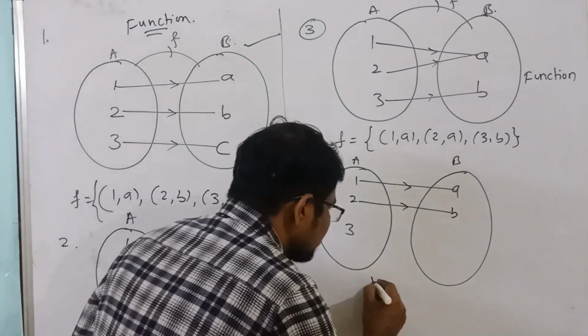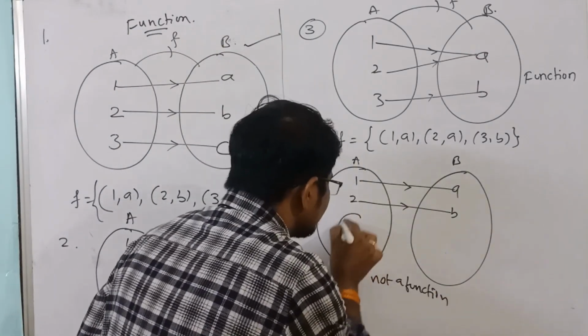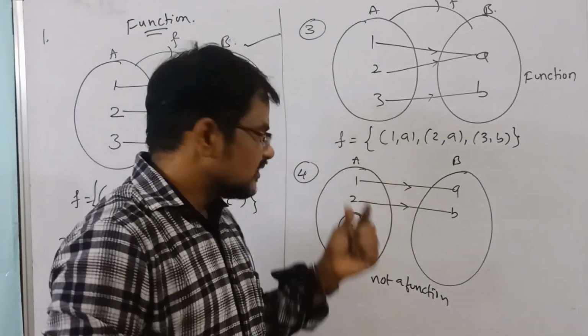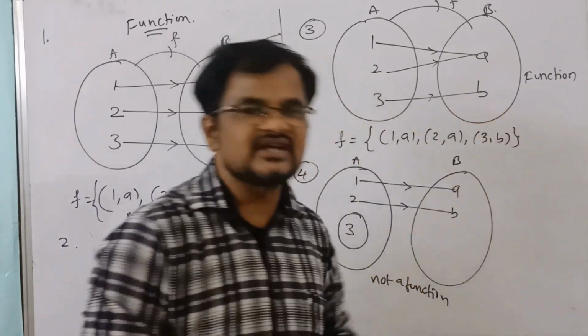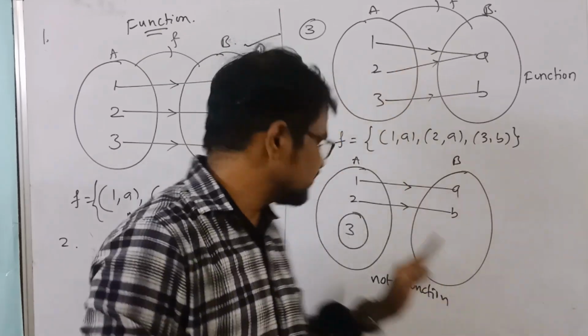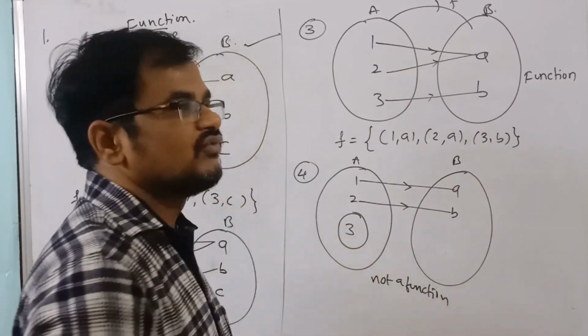No, it is not a function. What is the reason? For 3 in A, the element is not associated with anything in B. Our definition of a function is that every element of A should have a unique image in B. But for this one, there is no image in B. So that's why it is not a function.